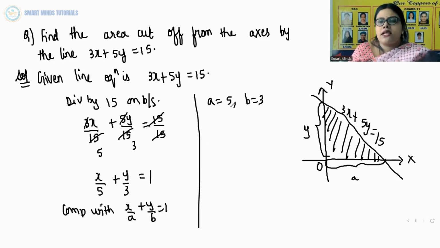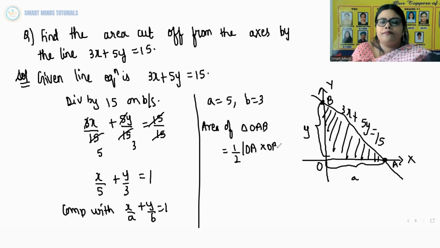Now using this x-intercept and y-intercept, we need to find the area of triangle OAB. Let's say this point is A and this point is B. The formula is half mod OA into OB, so that is half mod AB.